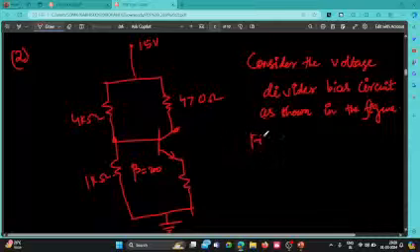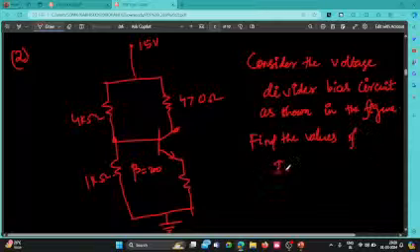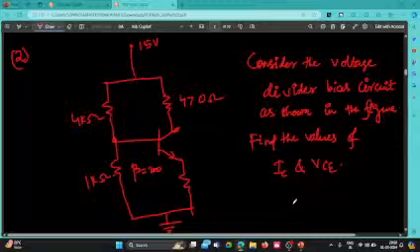Find the values of IC and VCE. Okay, please try this question. This biasing is called voltage divider biasing. Please try.